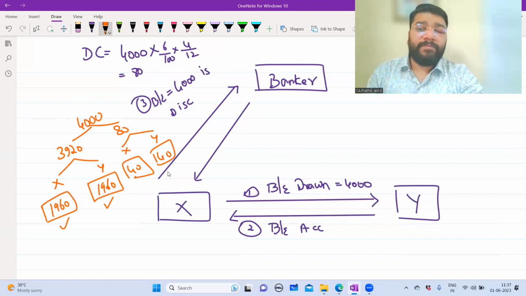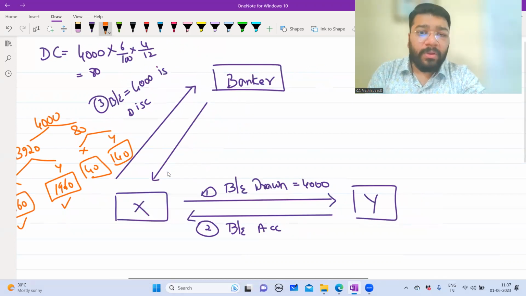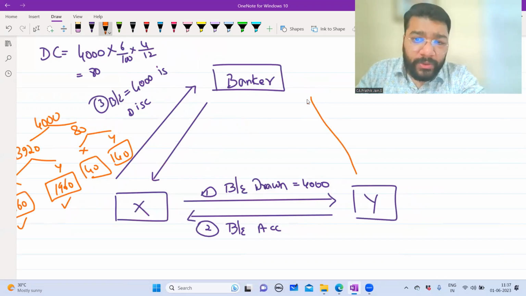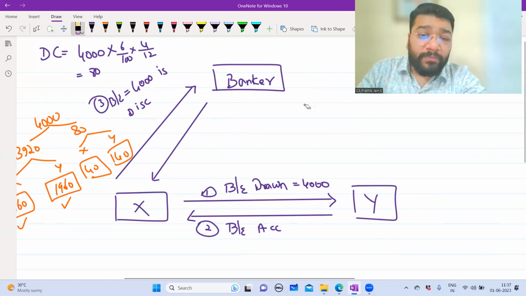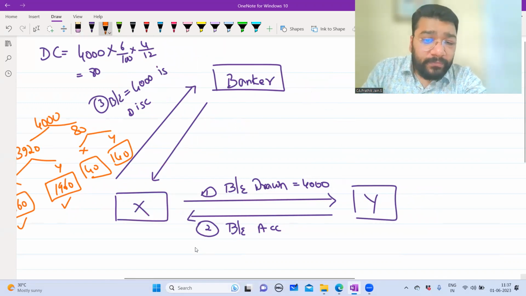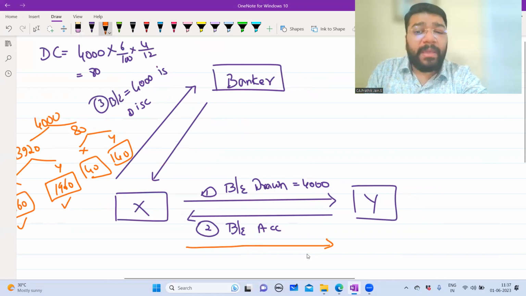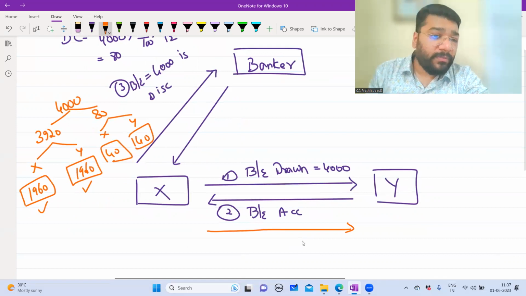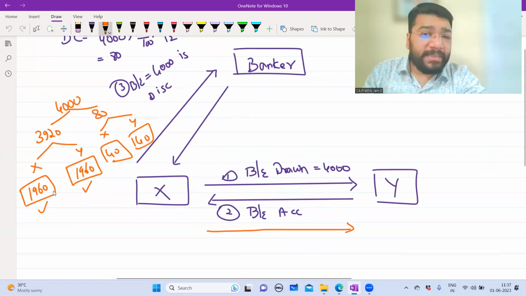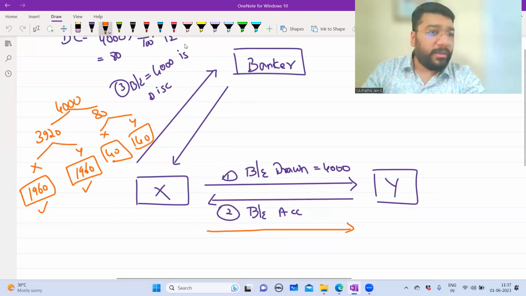Okay, sir. Fantastic. Now, guys, this is the third transaction. On the due date, X is supposed to make payment to Y. Which payment is X supposed to make to Y? Balance 1960. Please understand. Let's go in order.